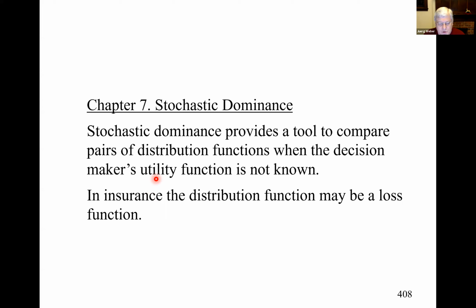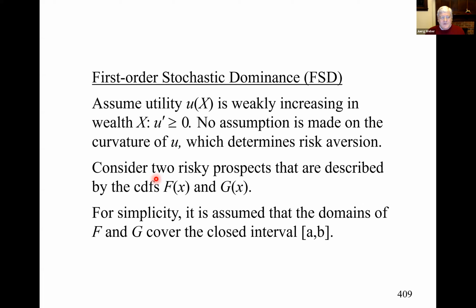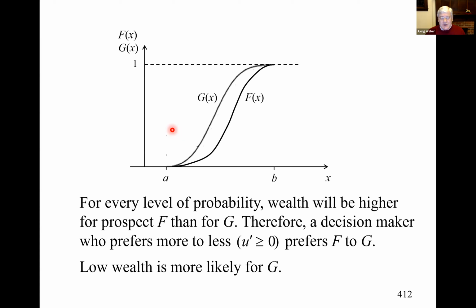Here, in insurance and with risk, we still can say something even if we don't know the exact utility function, by making some almost common sense assumptions. In first order stochastic dominance, we simply assume that people prefer more to less, and this settles the issue when you have such prospects.